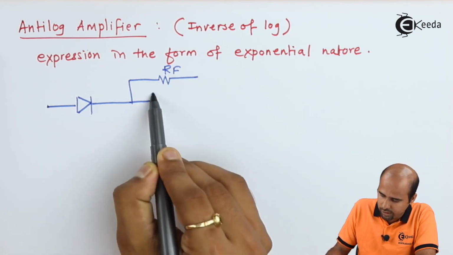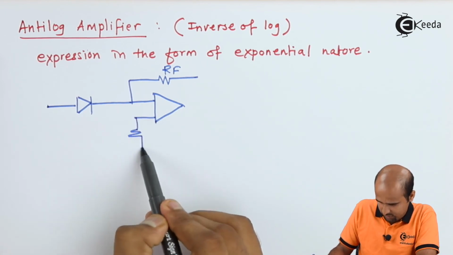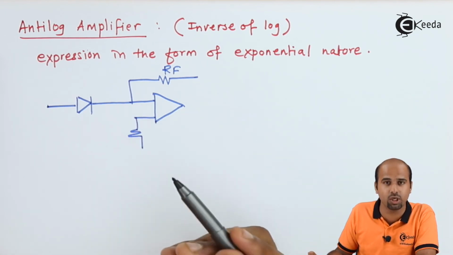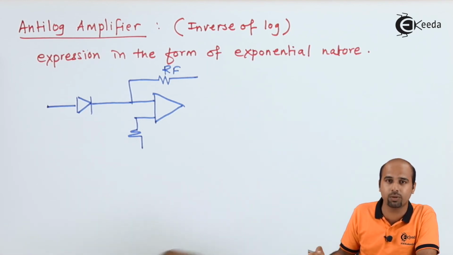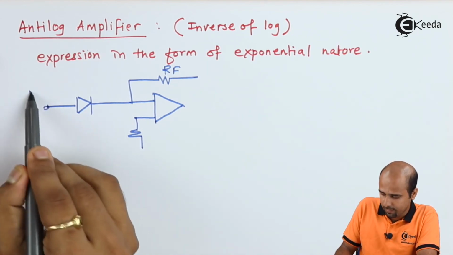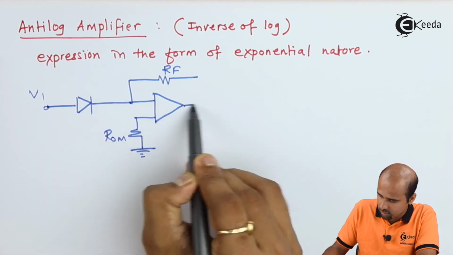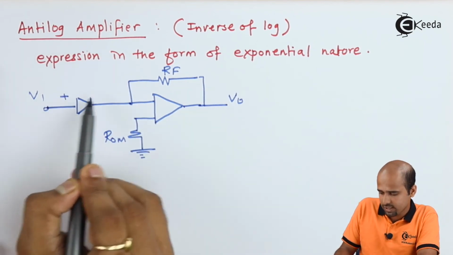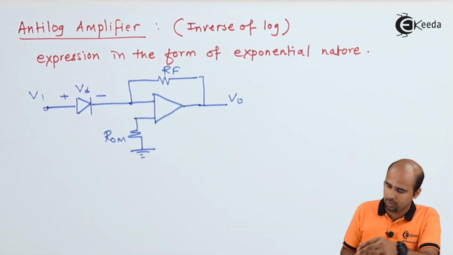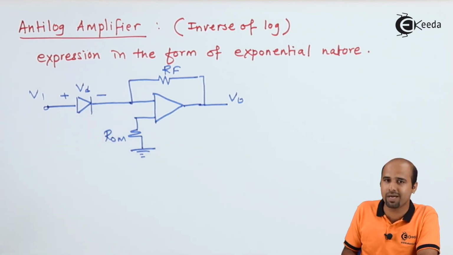Now you will get to know why I said that just by changing the placement, instead of a log amplifier, you will be getting an anti-log amplifier. This is V1, plus minus, this is Vd. If you change the orientation, nothing will happen, just plus becomes minus, minus becomes plus, nothing else.